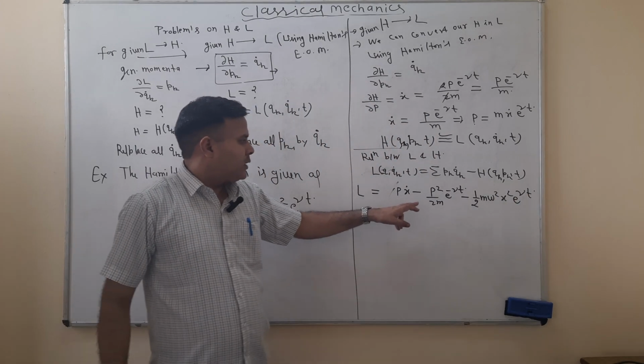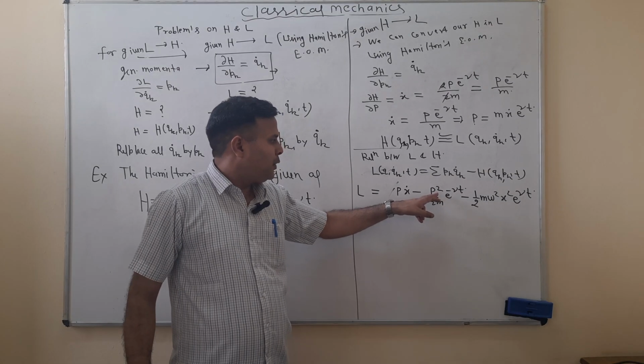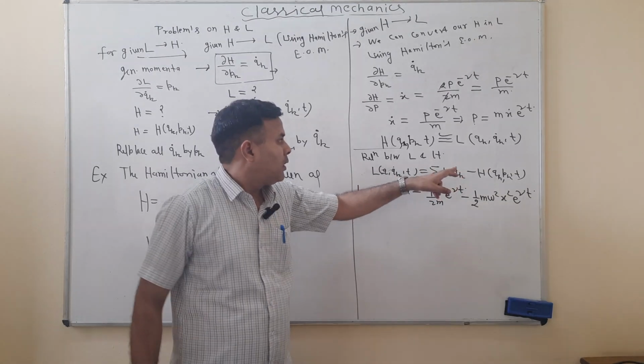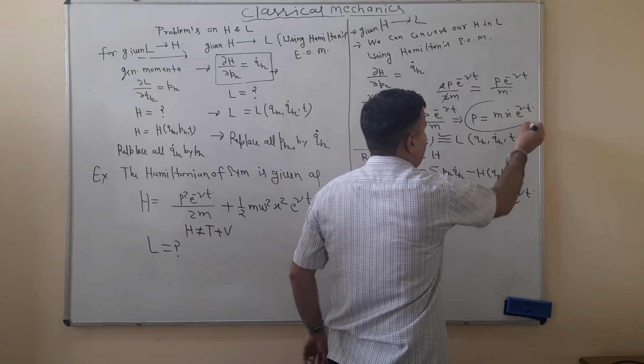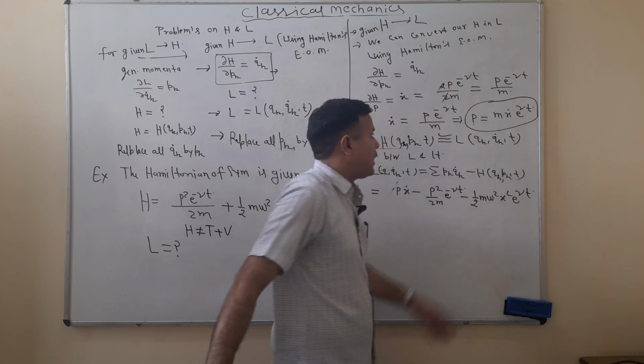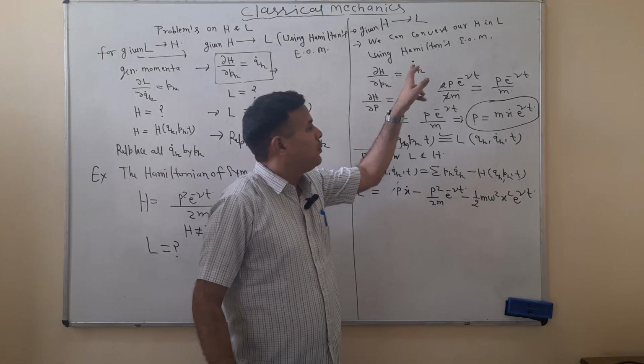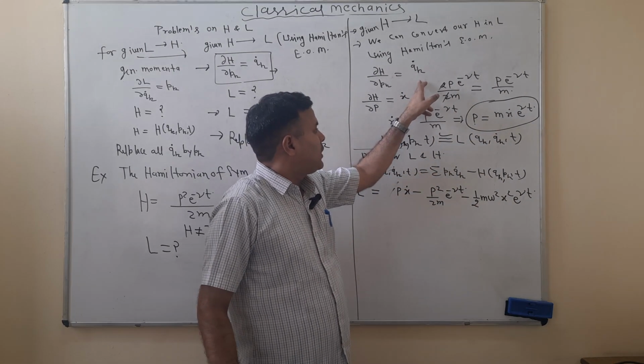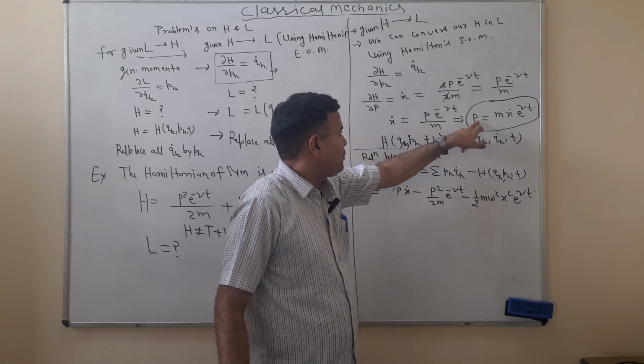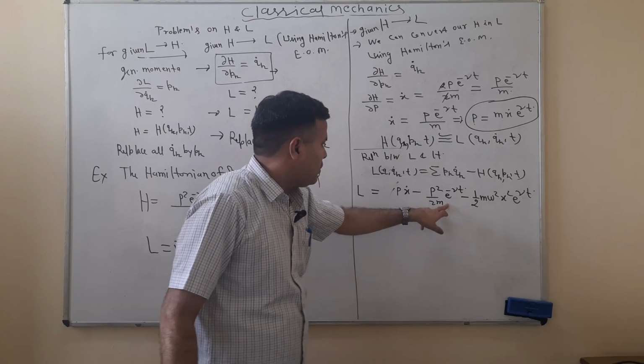Now we have to replace all p by q̇_k with this expression from the Hamilton's equation. So putting the value of p from here to here.